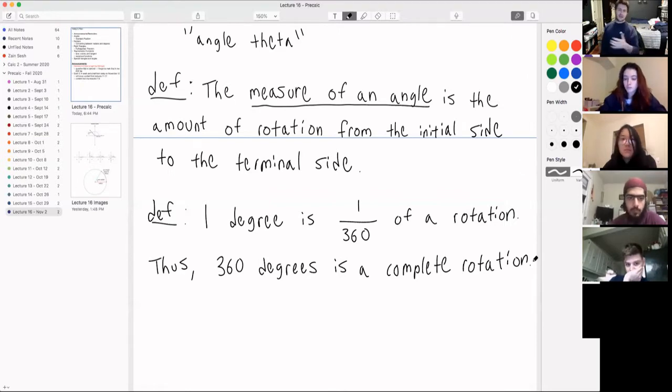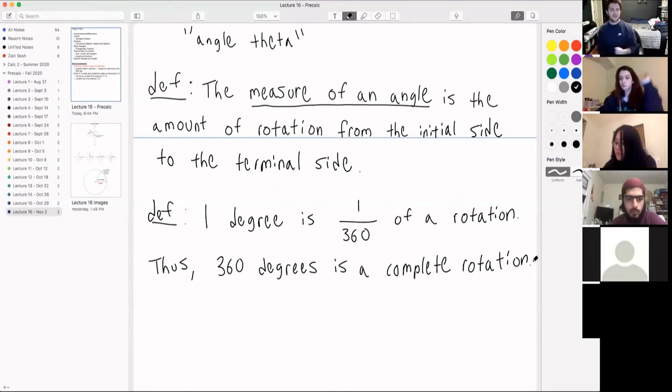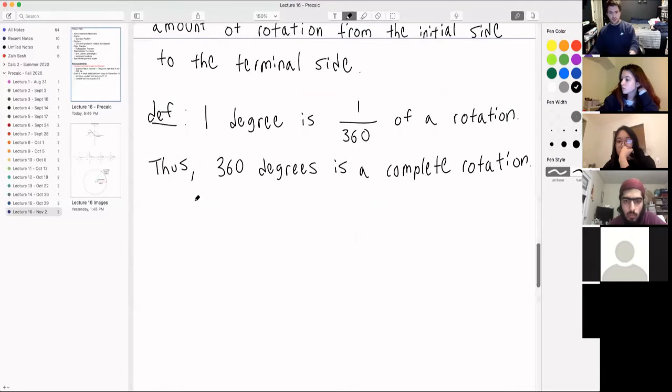Again, this should seem sort of familiar. 360 degrees is a full rotation, and 1 degree is just 1/360th of that. The notation for degrees: 1 degree is written as 1 with a superscript, and the superscript is a little open circle.